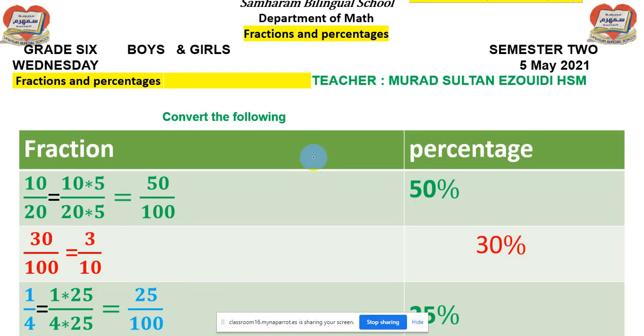Here you will write, of course, the question: Convert the following fractions to percentages. This is a fraction and this is a percentage.